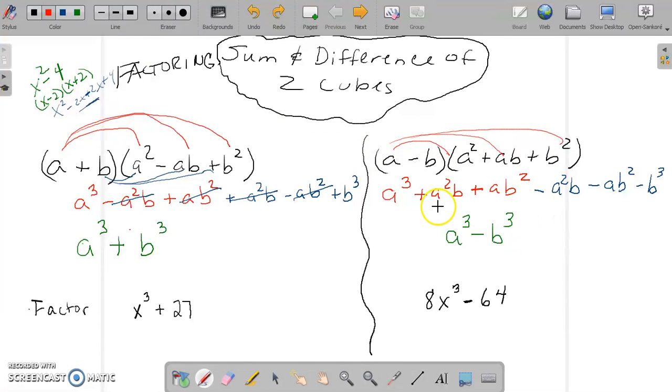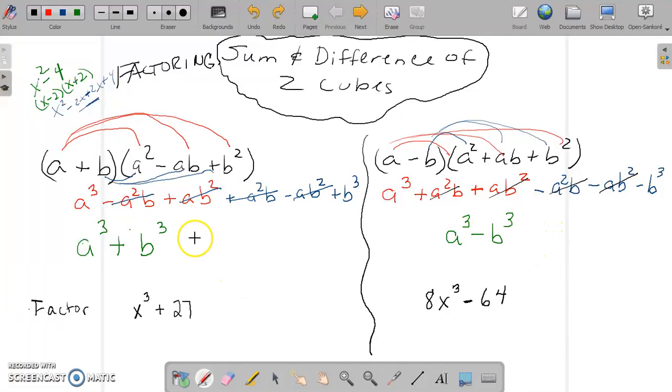And then you've got the negative b multiplied by every single term, and that's in blue here, so everything is negative there. Just like the one previously, the a squared b and the negative a squared b cancel each other out, the ab squared and negative ab squared cancel each other out, and you're just left with a cubed minus b cubed.